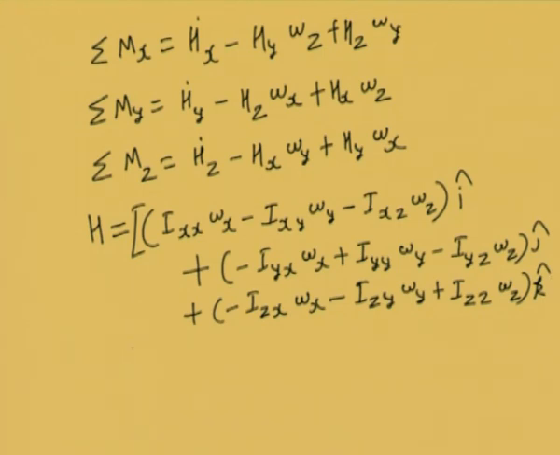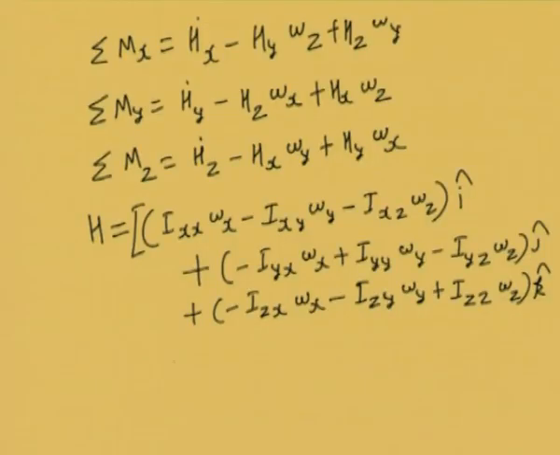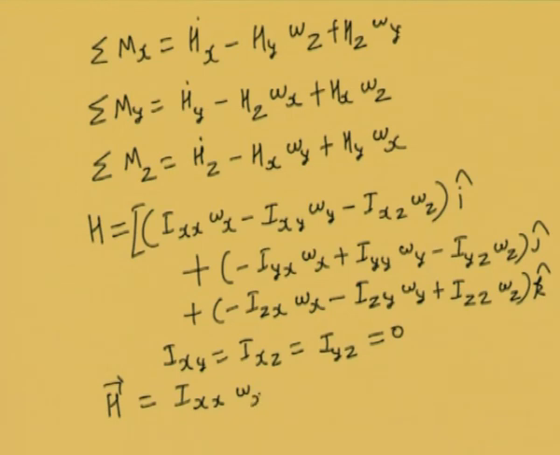Now, if the x, y, z axes chosen are the principal axes, then Ixy is equal to Ixz is equal to Iyz is equal to 0. Thus, H is simply Ixx omega x i plus Iyy omega y j plus Izz omega z k.